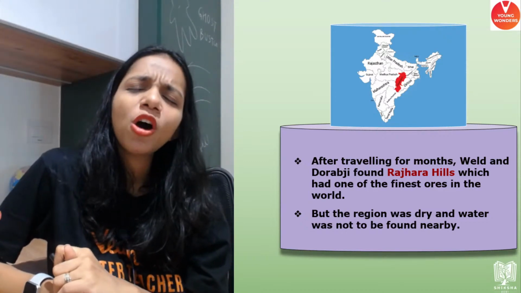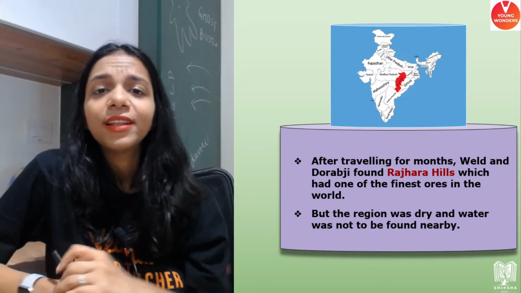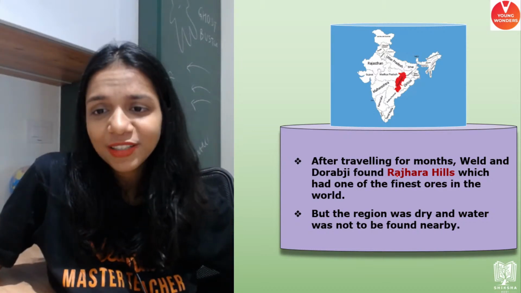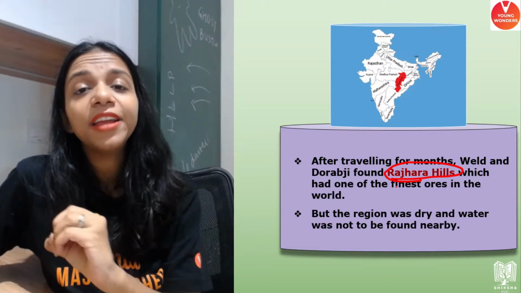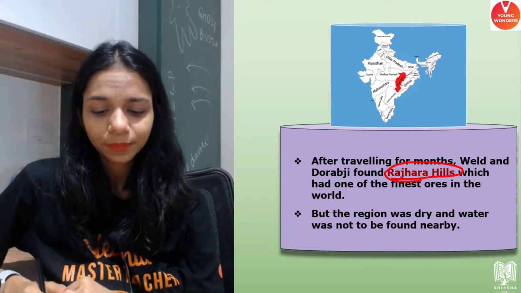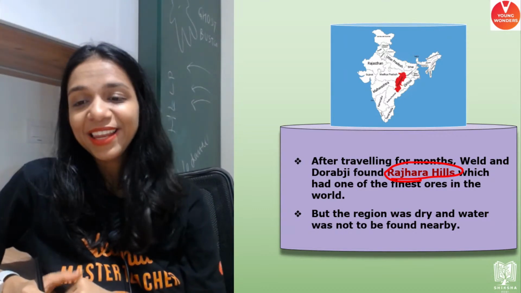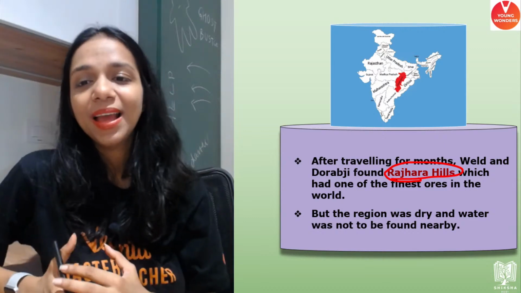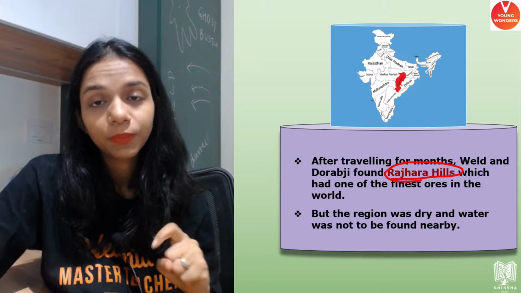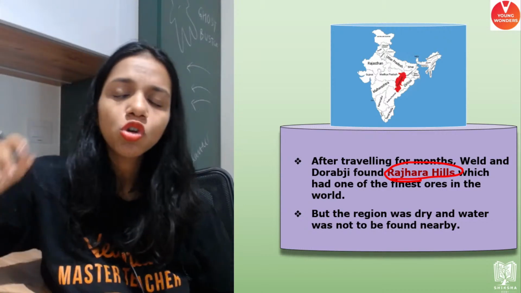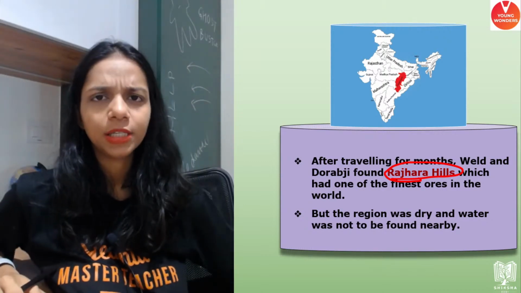After traveling for months and months, finally they found the area which was the Rajhara Hills, which has the finest iron ore in the world, right? In this way, we found in Chhattisgarh the best quality iron ore. But there was a problem, they could not set up their iron and steel industry here. Why?